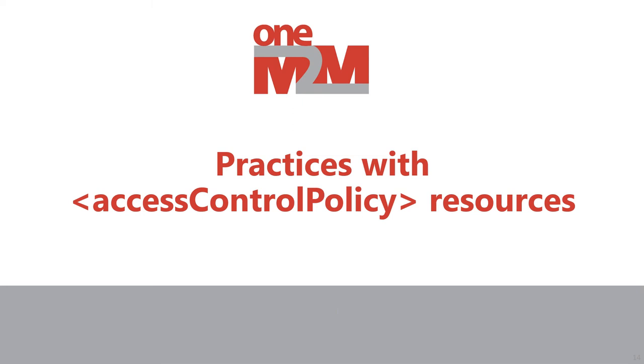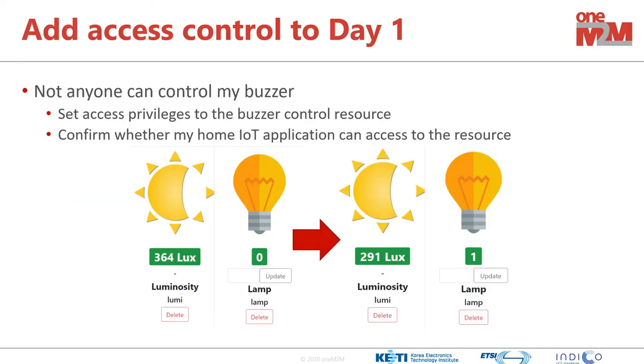And now it's time for you to apply the access control mechanisms that we have learned in this session, and you can have your own practice from the device simulator from day one. The last project we had on day one was a small home automation service. Depending on the luminosity sensor measurement, the buzzer or the lamp is turned on, and we used the lamp from day one.